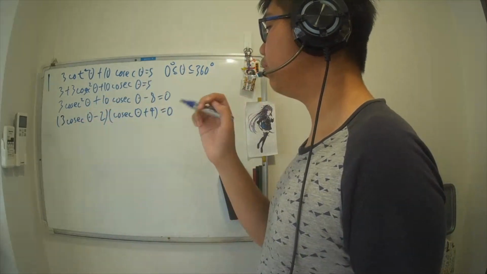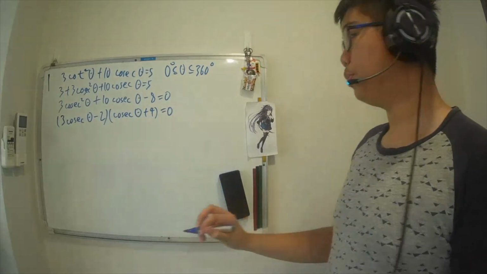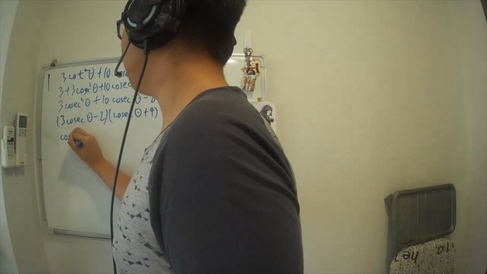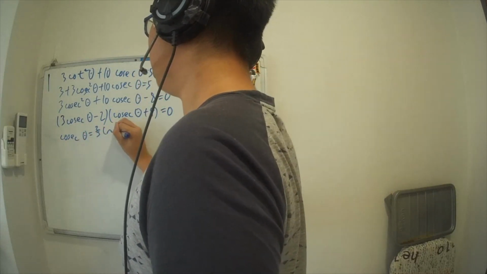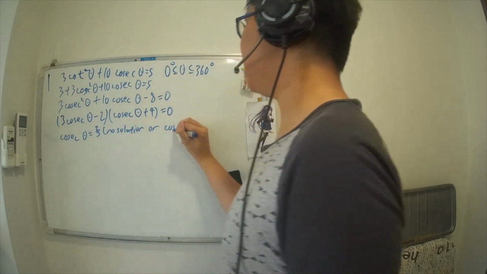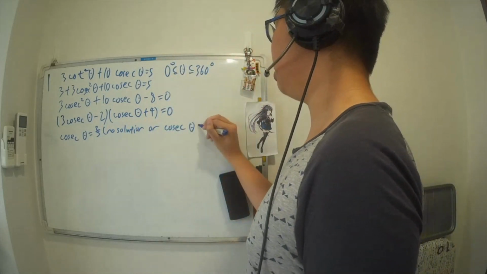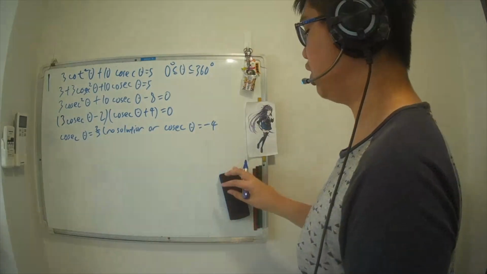Okay, so that means that cosec theta is equal to 2/3, which has no solution, or cosec theta is equal to -4. And this is what we will use to solve the question.